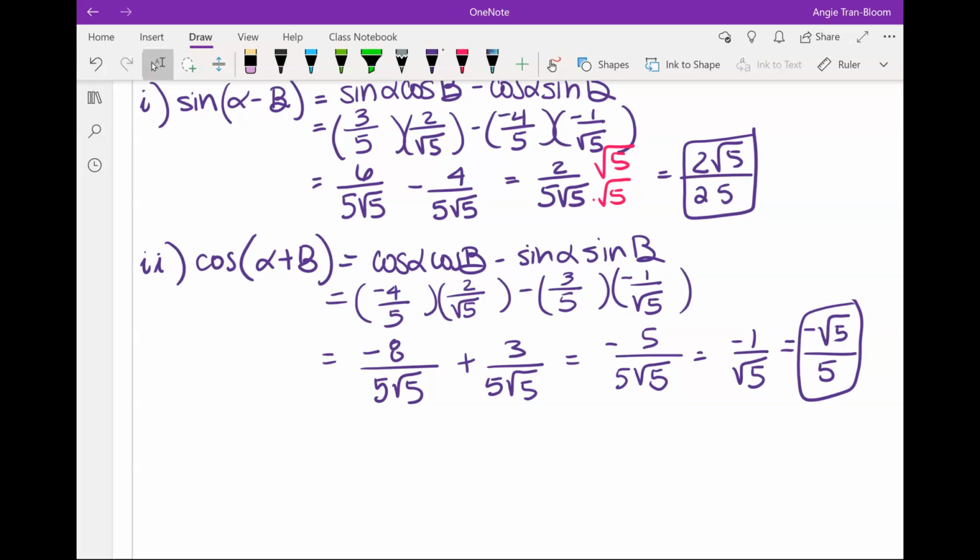Problem 3. Ellie, what was problem 3 wanted us to do, hon? Tangent of alpha minus beta. All right. See if you can write that formula down from memory. If not, you can flip over and cheat.